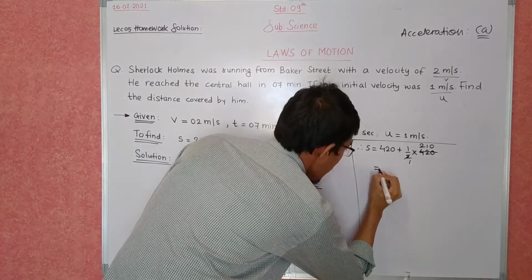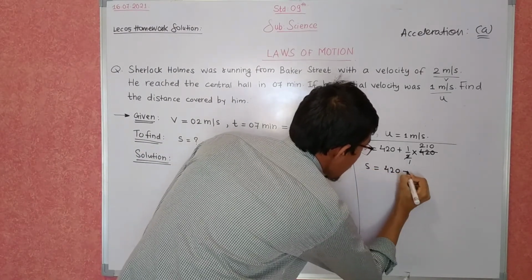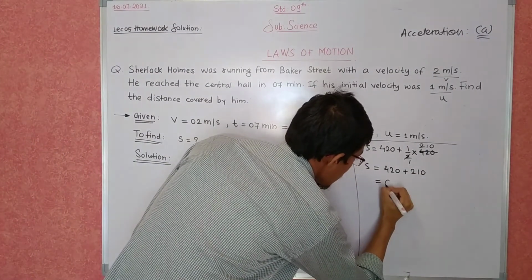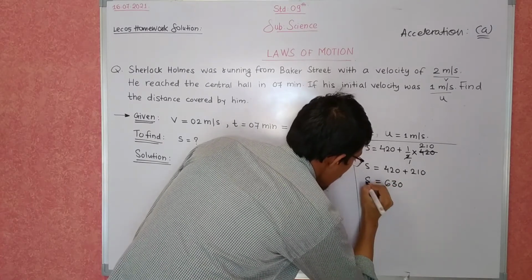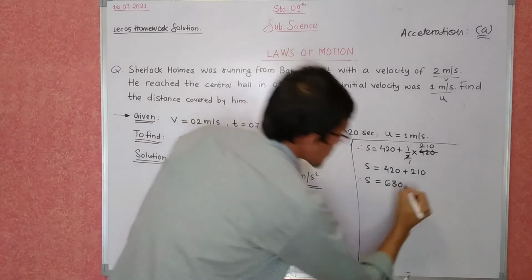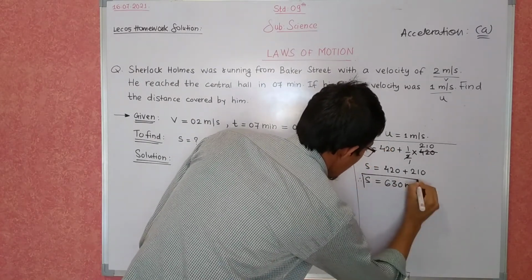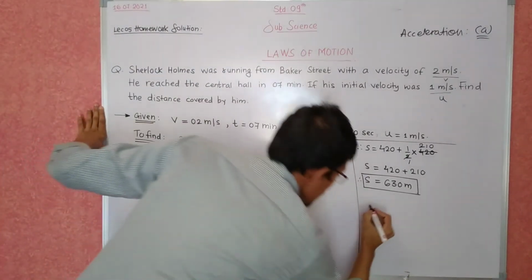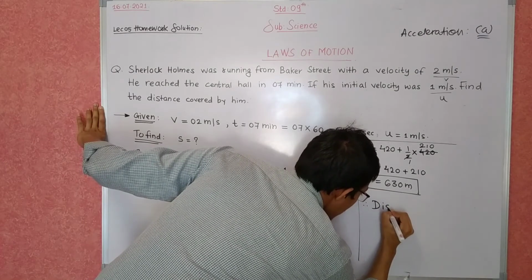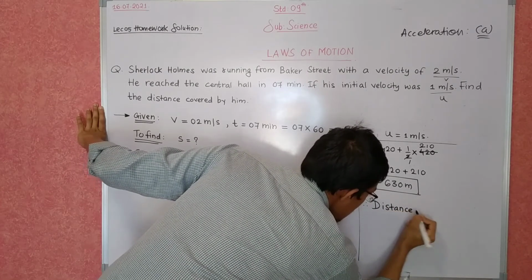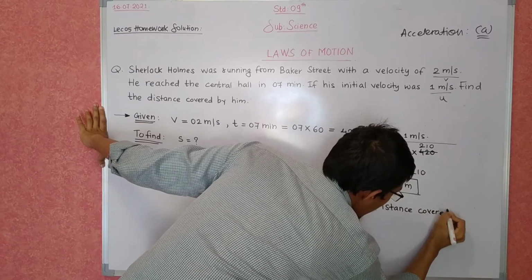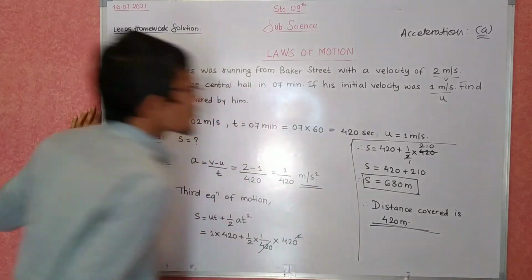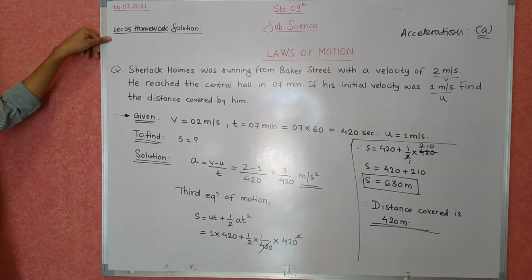So we get s equal to 420 plus 210, which is 630. Therefore the distance is 630 meters. This is the distance covered by Sherlock Holmes. So we have to write the conclusive statement: distance covered is 630 meters. This is the solution for your lecture number 5 homework.